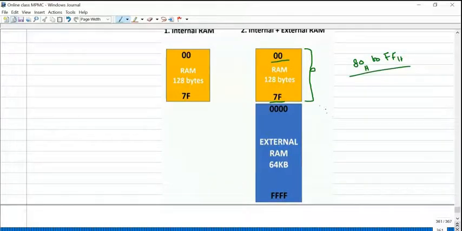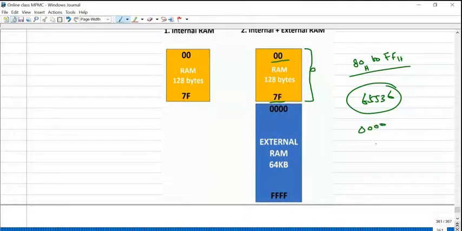So the 8051 microcontroller has 16 address lines. So 2 power 16 equals 65536 locations. In hexadecimal, 0 to 65535 locations, or hexadecimal 0000 to FFFF.